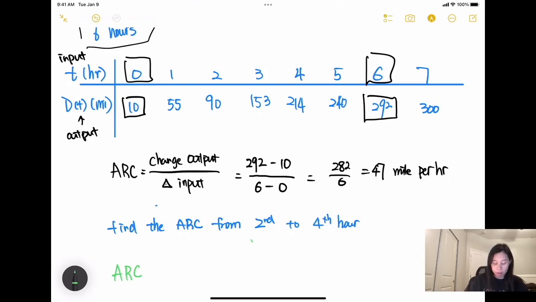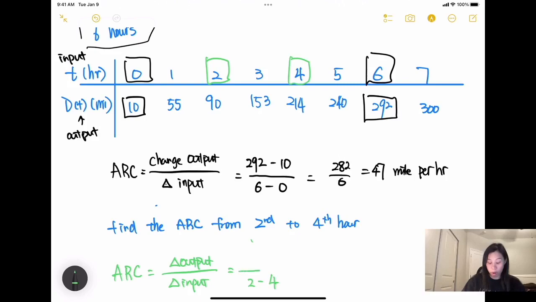It's the change of output over the change of input. So we know the input is from the second hour to the fourth hour. In the first example, we used 6 minus 0. Here, you can use 2 minus 4.